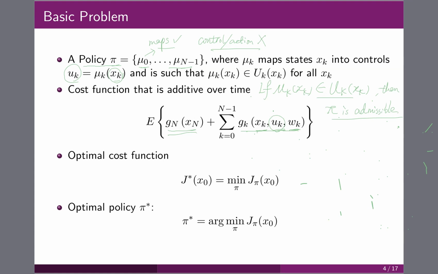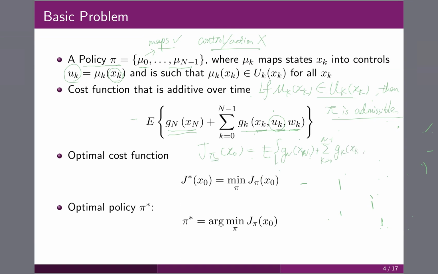Given pi, J pi of x0 is the expectation of the terminal cost gN xN plus the stage costs gk xk, uk, wk.